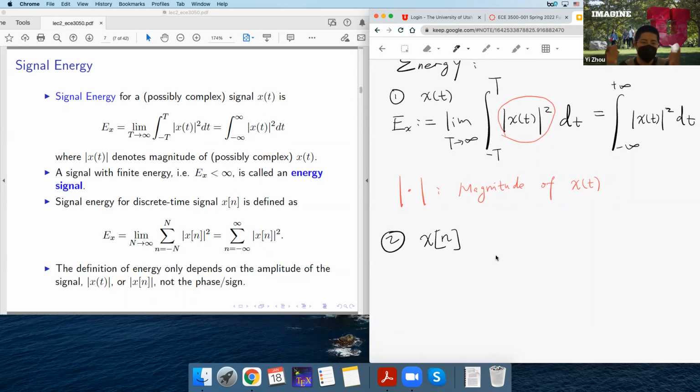So instead of integration, we just sum up all the squares of the magnitudes of the signal at those discrete time indexes, over all the discrete indexes.